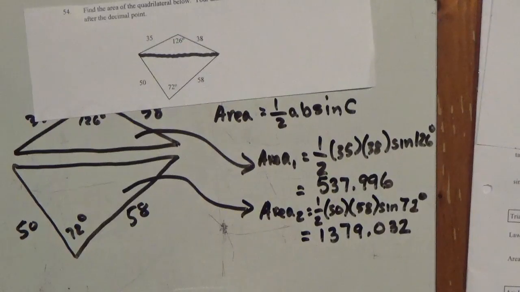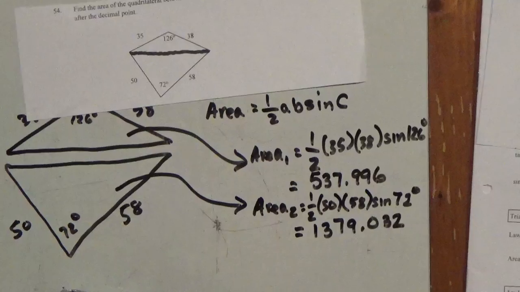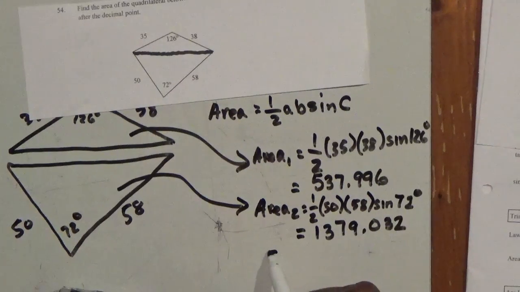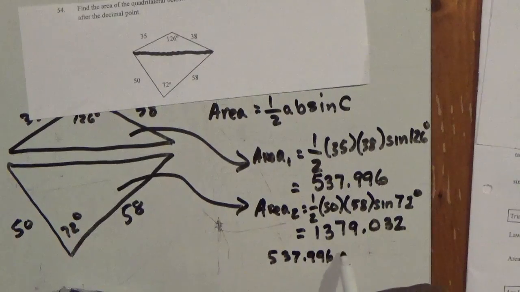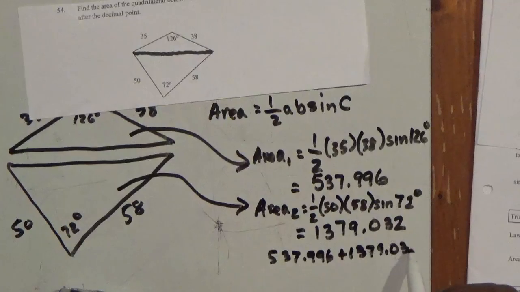We know the area of the two pieces, and so we want to add those two areas up, and then we're done. So we're going to go 537.996 plus 1,379.032.